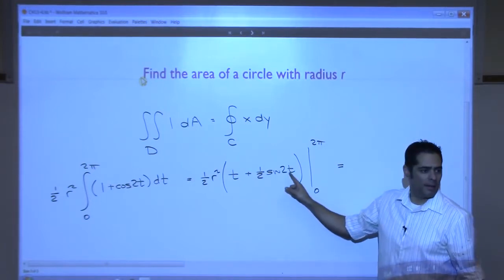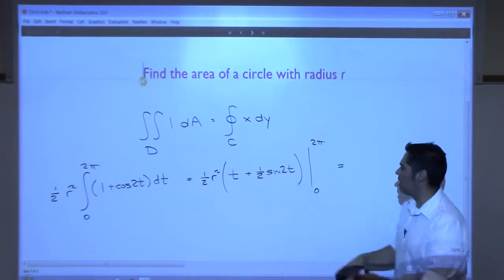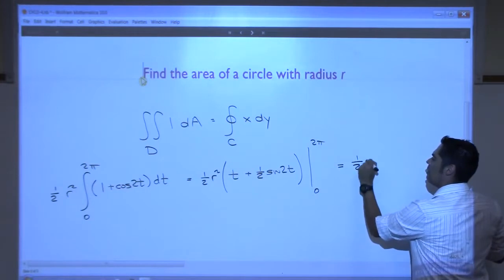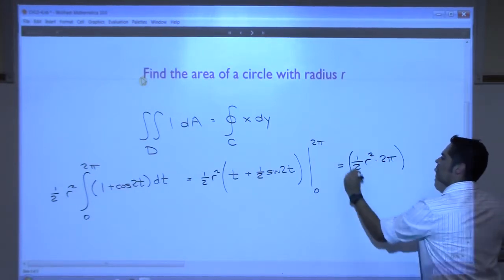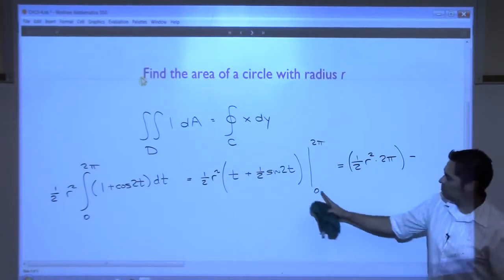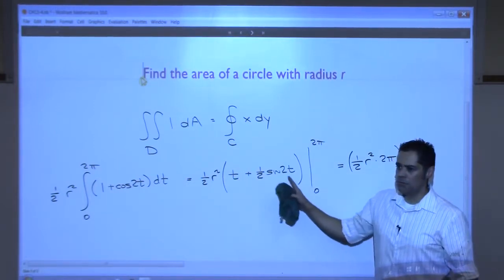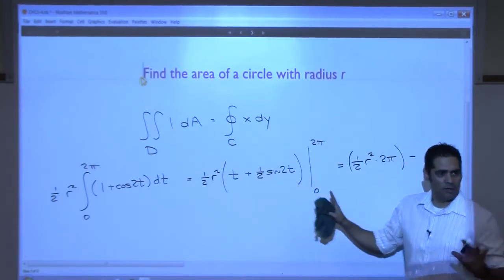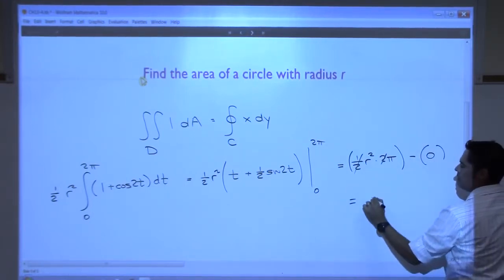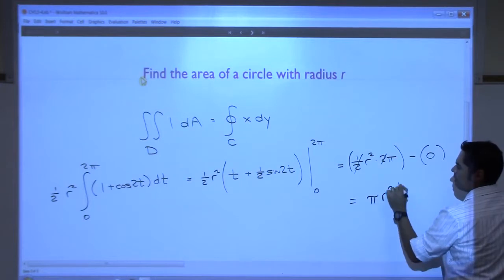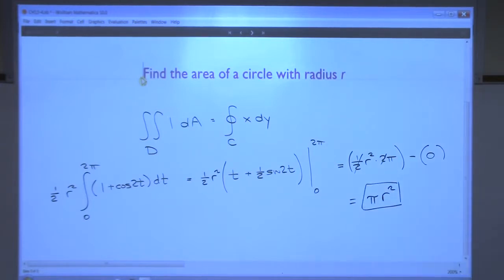What's sine of 4 pi? 0. That's gone. So all I get is 1/2 r squared times 2 pi. Now minus, now plug in 0. Sine of 0 is 0, all gone? Okay. Which is pi r squared. That's it.